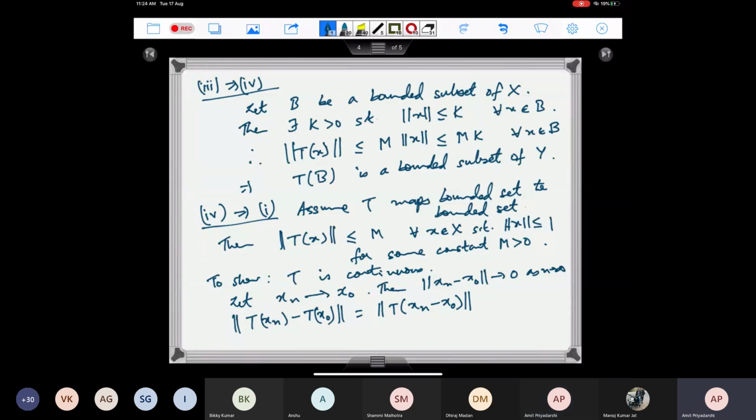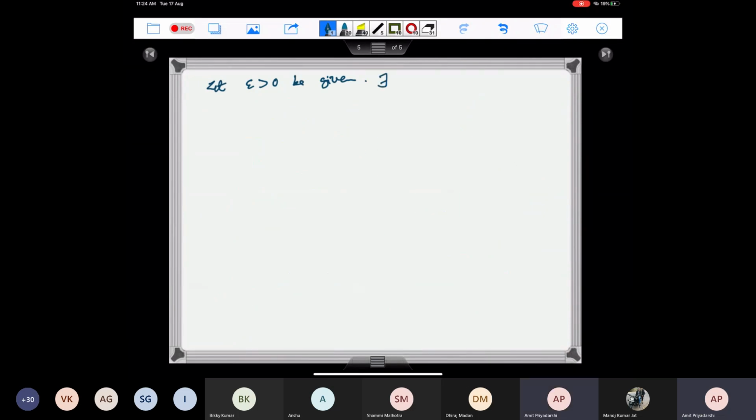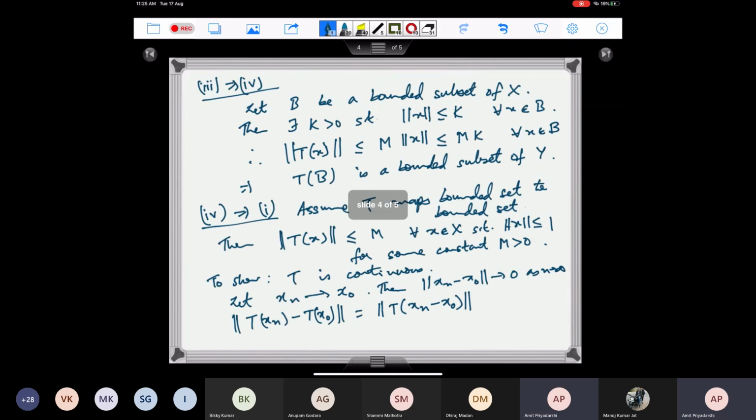So there exists some natural number N such that norm of xn minus x naught can be made less than, say, 1 by m, for all n bigger than or equal to N. Let's make it less than 1 by m times epsilon.